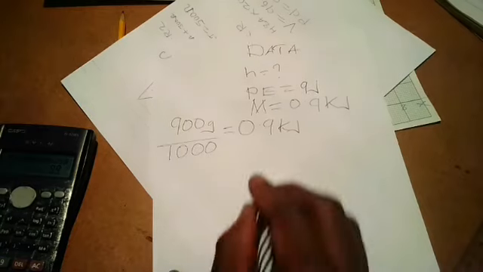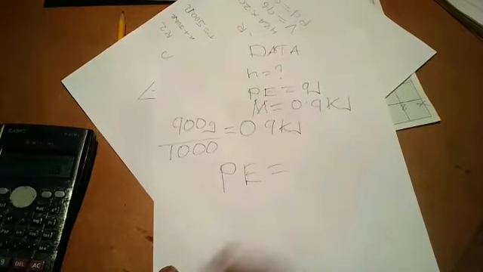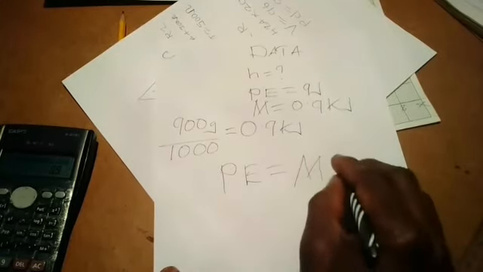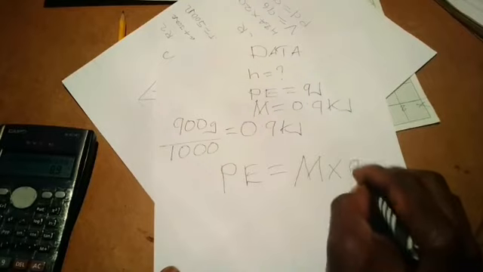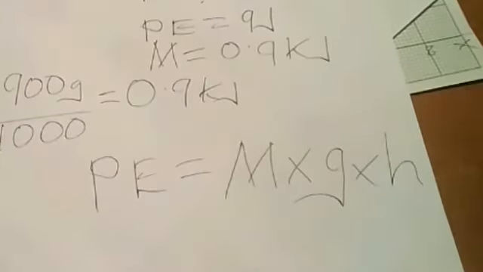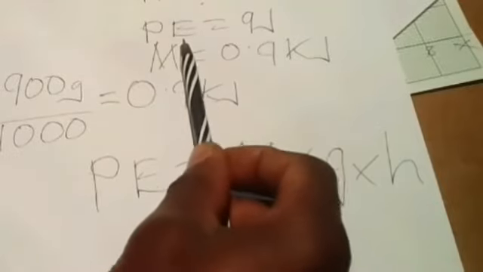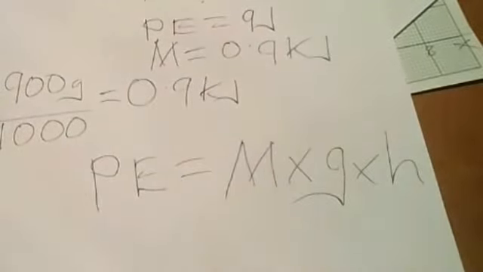The formula for calculating potential energy is PE equals mass times gravitational force times height. This is our formula, because we have our mass, we have our G, we have our PE, but we don't have the height, so there's no need to make H the subject of the formula.